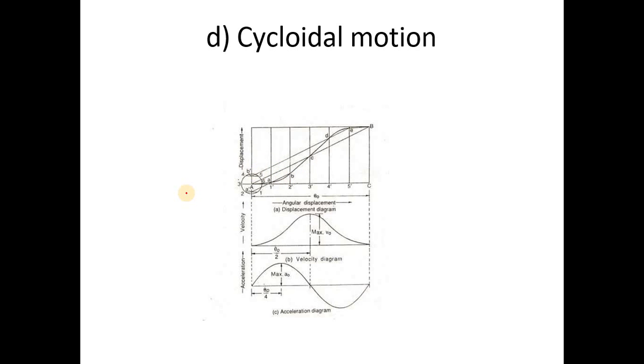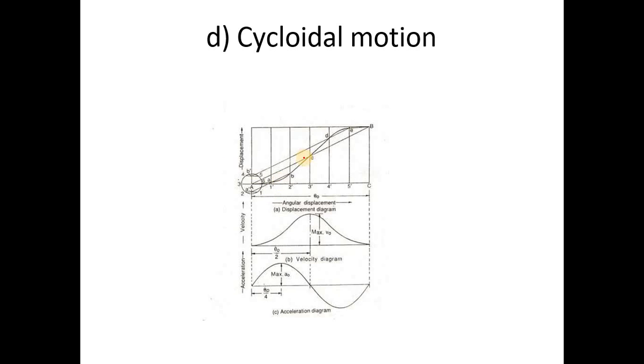Next, divide the angular displacement. Look at this. Divide the angular displacement of the cam during the outstroke into the same number of equal parts as the circle is divided. Then draw the vertical lines through these points.